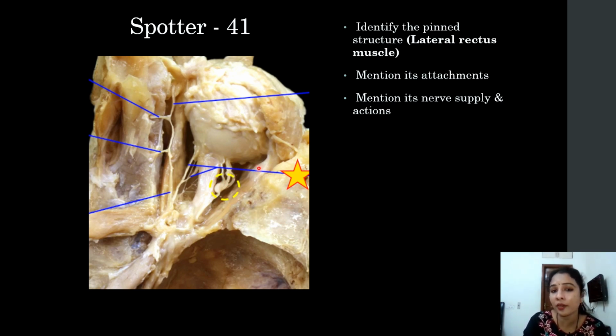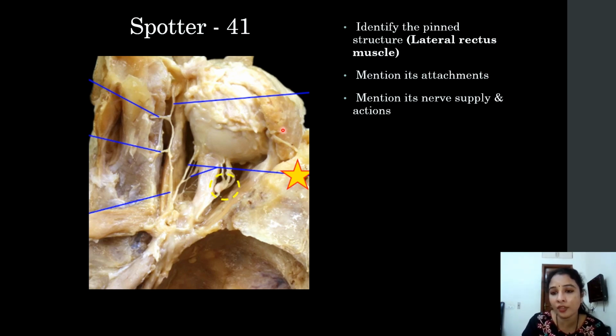So the nerve supply of the lateral rectus is by the abducens nerve, and the lateral rectus, like the other recti, gets origin from the musculotendinous ring of Zinn from the posterior side, and it also gains an extra attachment from the greater wing of the sphenoid. It runs anteriorly and gets inserted to the sclera of the eyeball just in front of the equator.